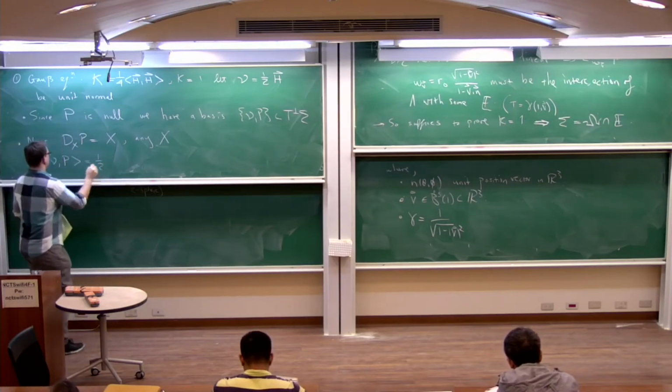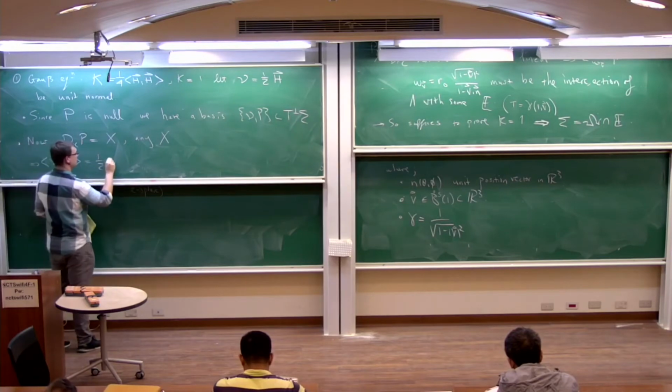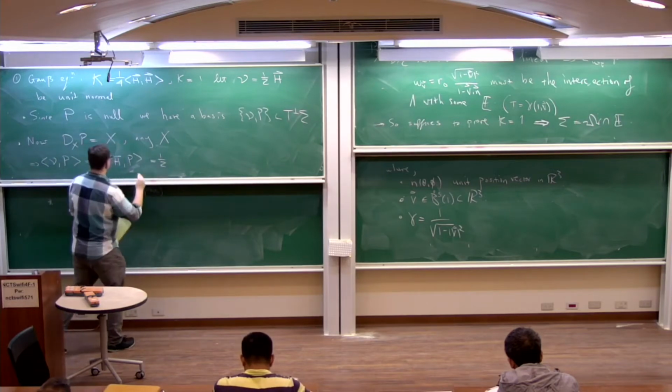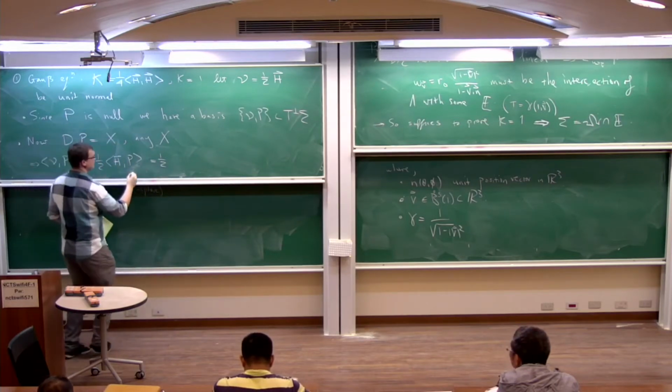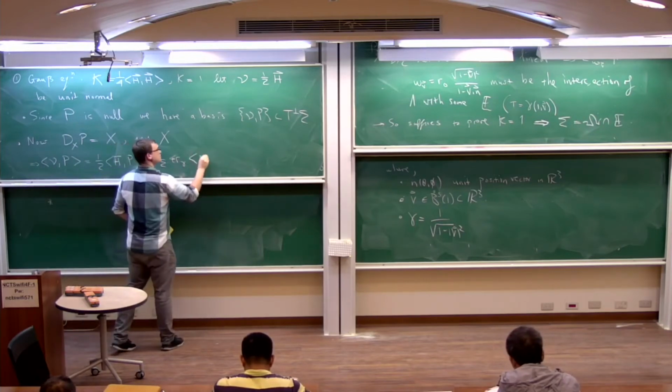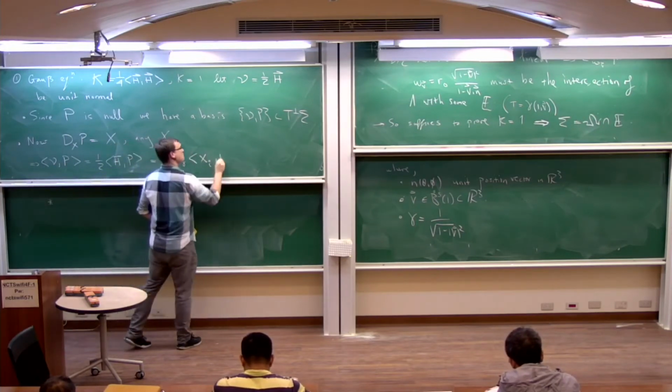Okay, so what that means then is the inner product between these two normal vectors, nu and p. Well, remember what this is. This is 1/2 the mean curvature. So I can do a little flipping of the covariant derivative from one side to the next. And let's choose just the frame.